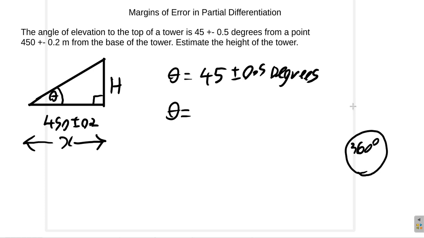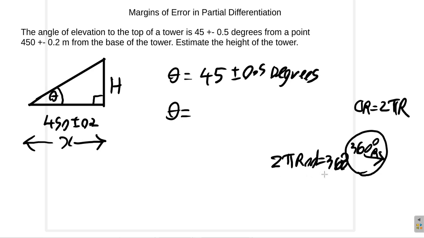At the same time, if you have the radius, the circumference is 2 pi times the radius, so that's 2 pi radians. So 2 pi radians equal 360 degrees. If you divide both sides by 2, you get pi radians equal 180 degrees.